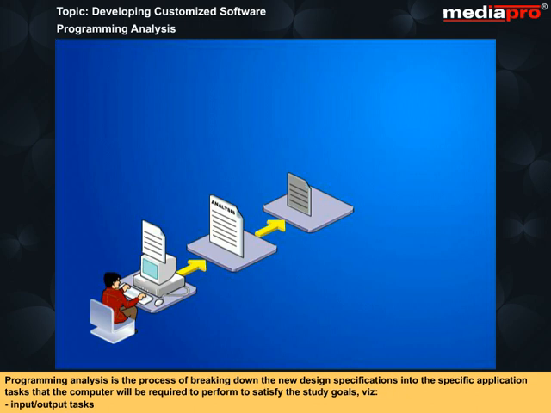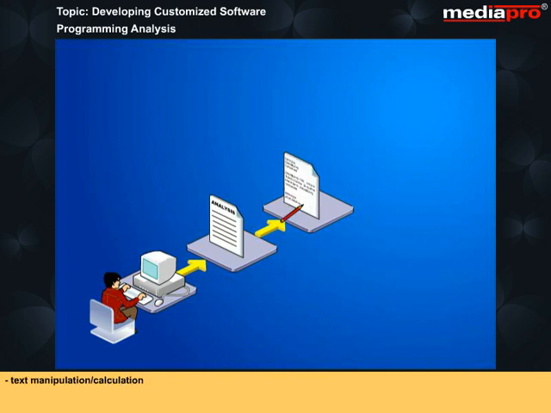Programming analysis is the process of breaking down the new design specifications into the specific application tasks that the computer will be required to perform to satisfy the study goals, that is, input-output tasks, text manipulation and calculation, logic and comparison, and storage retrieval operations.